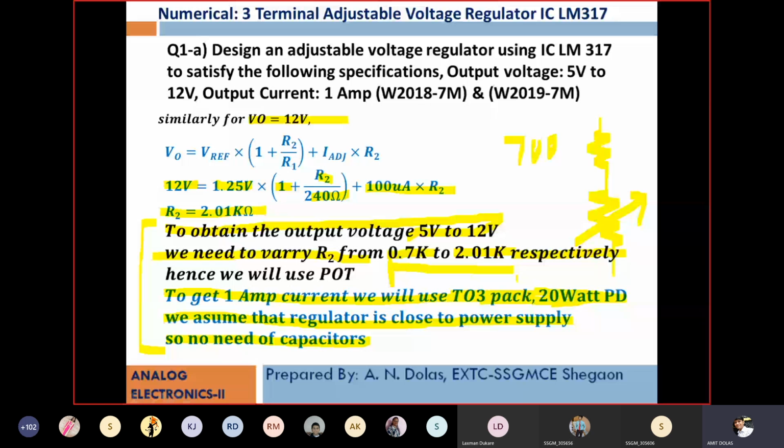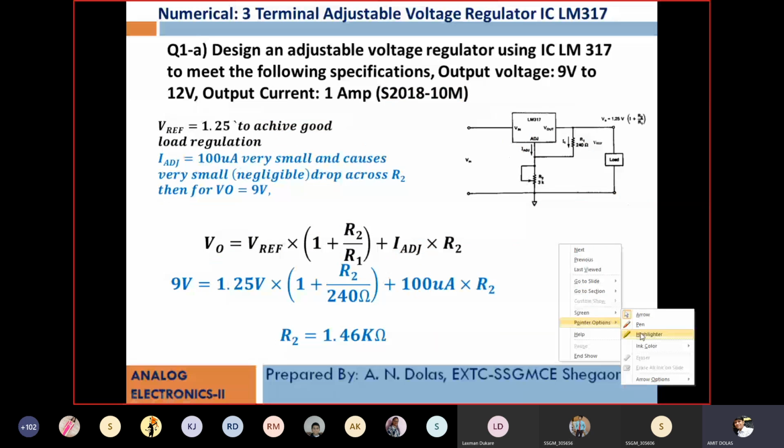There is no equation for the current of 1 ampere because the current is passing to the load. So this is all about the university question paper, which was repeated in 2018 for 7 marks and 2019 winter for 7 marks. Moving to the next numerical, mostly there are numericals on LM317.